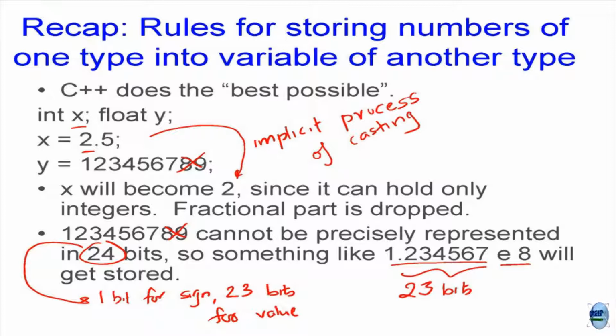Okay, I'm taking a slightly, since X is int and the value I'm assigning is 2.5, what will happen? You will basically be casting it into an int. This is an implicit process of casting.